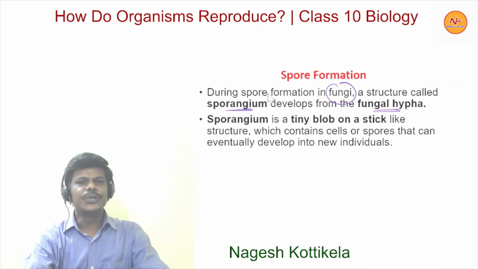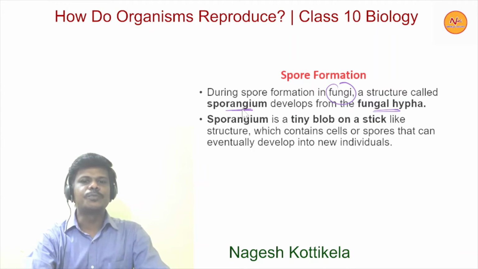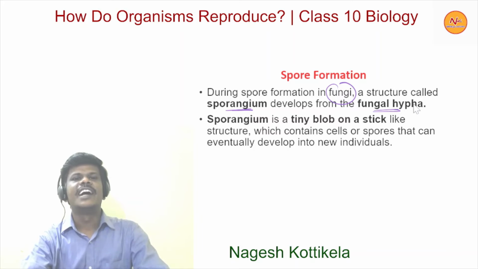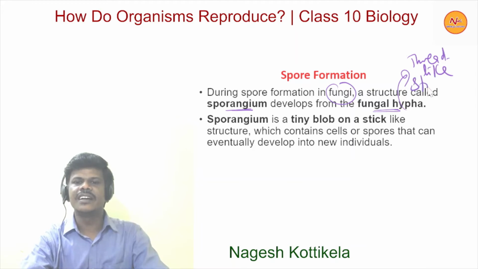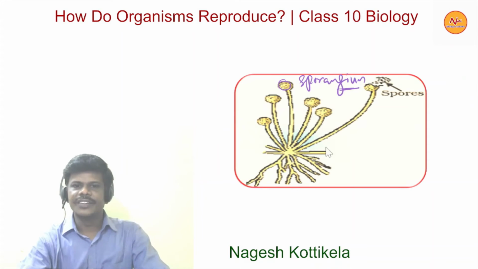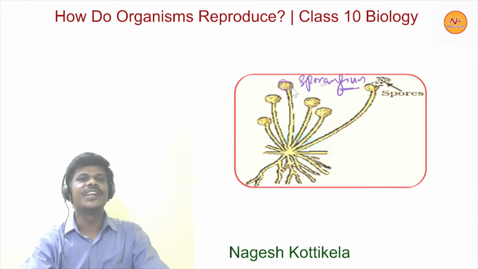These hyphae are thread-like structures. So from the hyphae, sporangium is formed during spore formation in fungi.